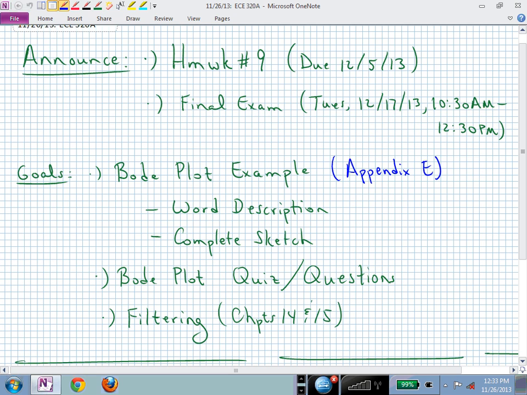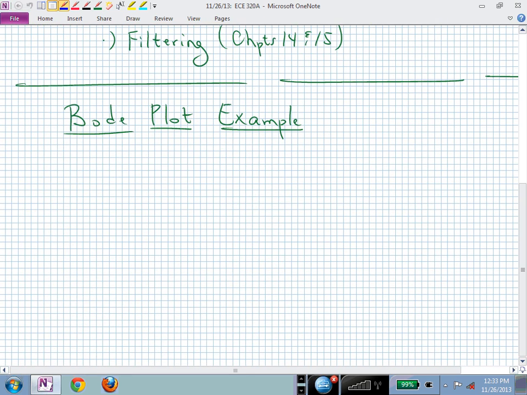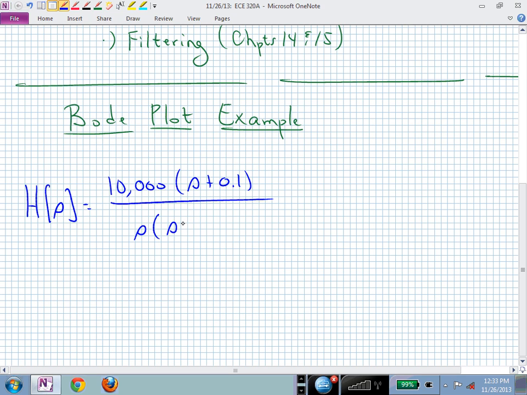Let's then get started with a Bode plot. And suppose that somebody gives you a transfer function, capital H of S, 10,000 (S plus 0.1) over S times (S plus 100).